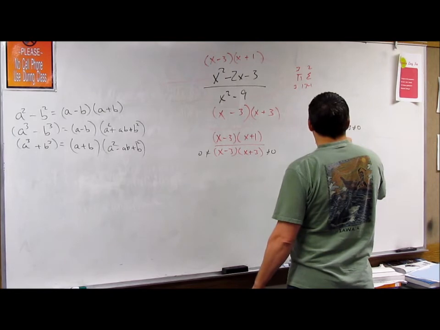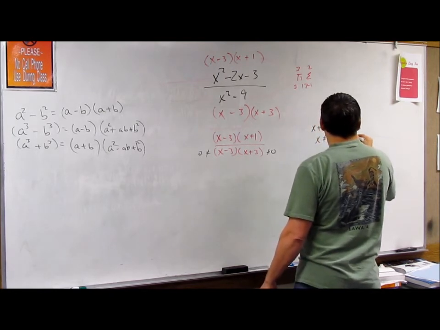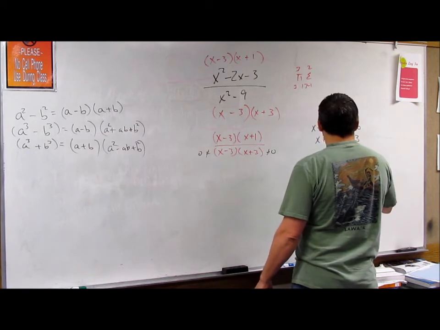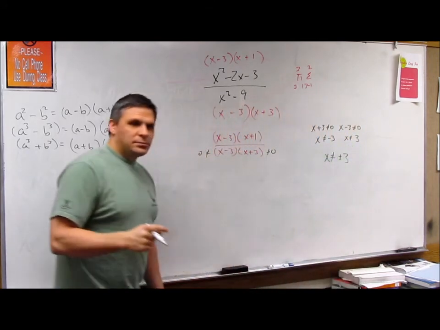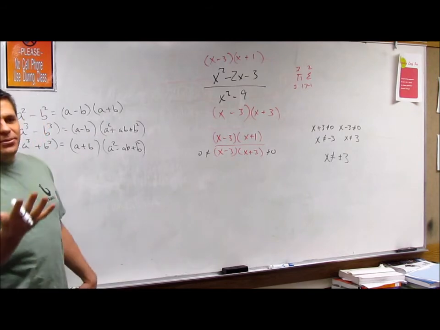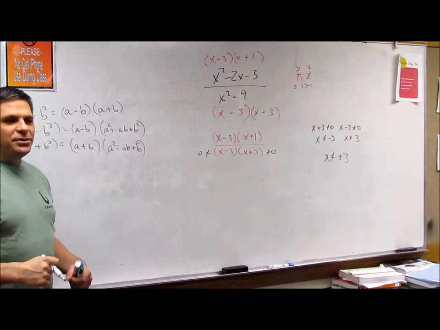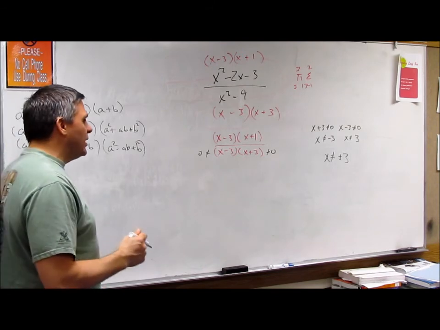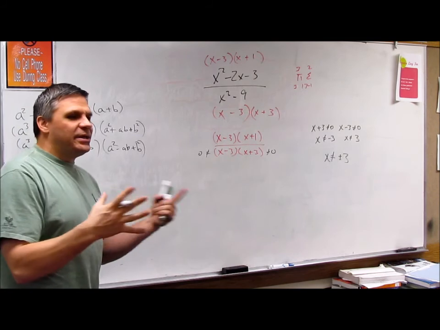X cannot equal negative 3, x cannot equal positive 3. X cannot equal plus or minus 3. Or you can write 3, negative 3, but you can also use this thing called plus or minus. It means either or. Great, we did that part.